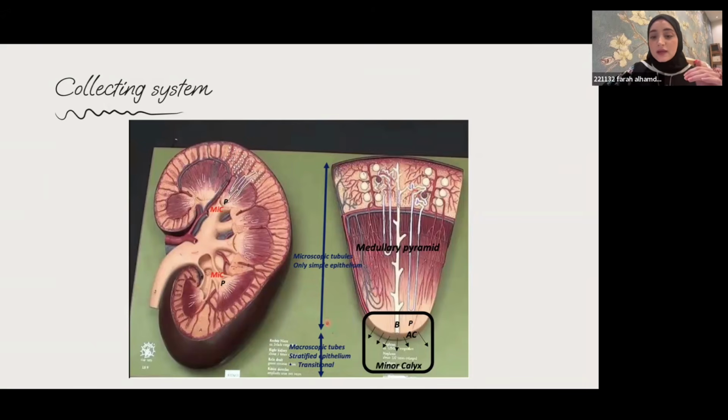Okay, then this is where macroscopic urine flow begins, from the minor calyx to the rest of the world, okay? Here we have macroscopic tubes and stratified epithelium, not simple, okay? And here is where you start seeing the transitional epithelium, okay?